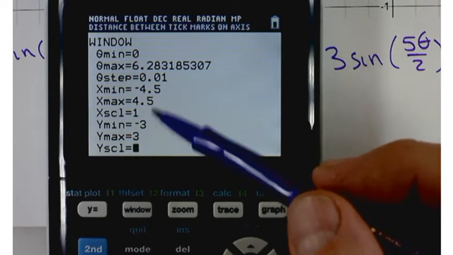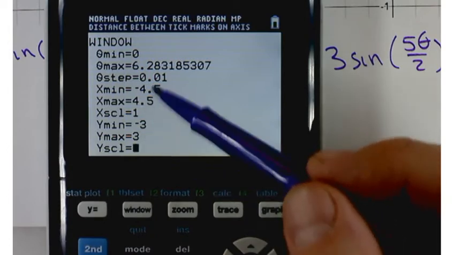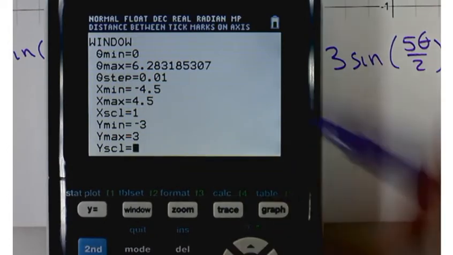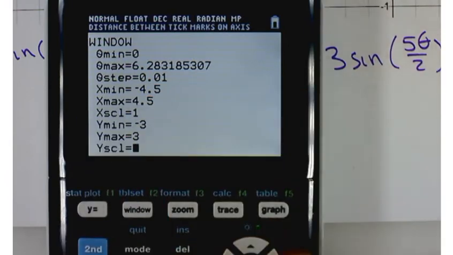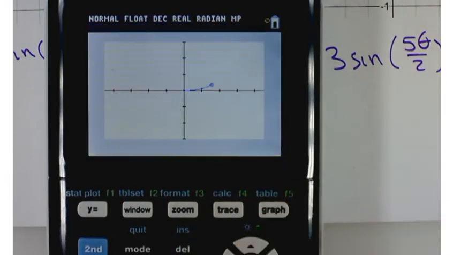The width is 1.5 times the height, which is roughly the dimensions of our screen. So if you hit the graph key, let's just see how it goes. See if it looks like you get a complete graph. Personally, I think I need to make my theta step a little bit bigger because this is taking too long.